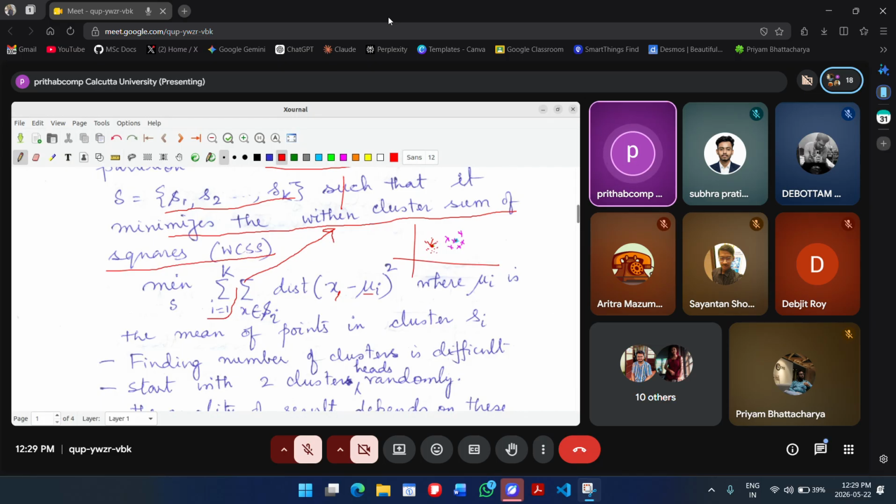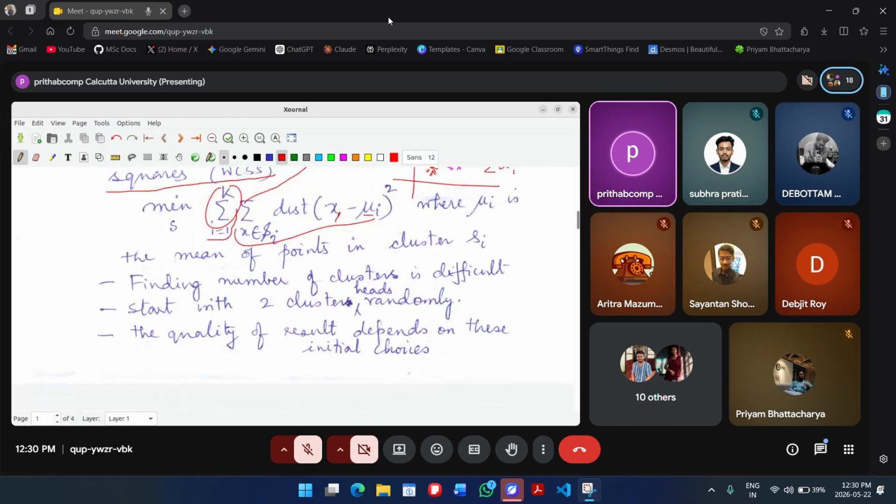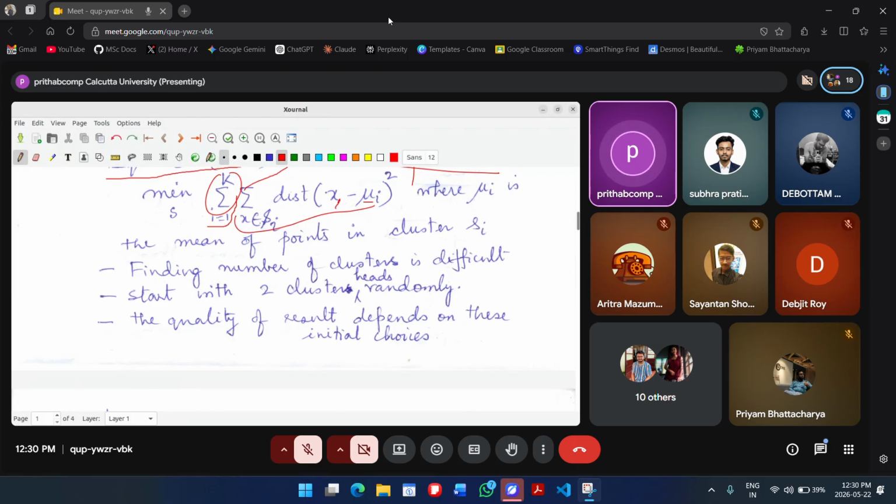The distance from each of these points is the within cluster distance, all these d_i's, and the same for the other cluster. Then whatever d_i you have got, you sum them for every cluster. And we want to minimize it.